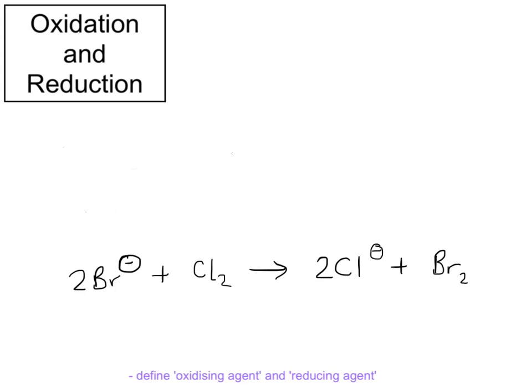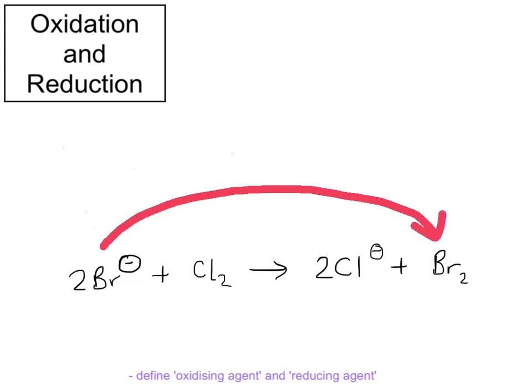So if we think about what happens to the electrons during this, we can see that this bromine here has gone from a Br- to just a Br2, the element. So here, this has lost electrons because it's gone from a negatively charged thing to something that hasn't got charge at all.